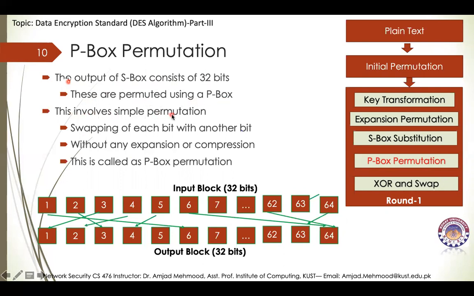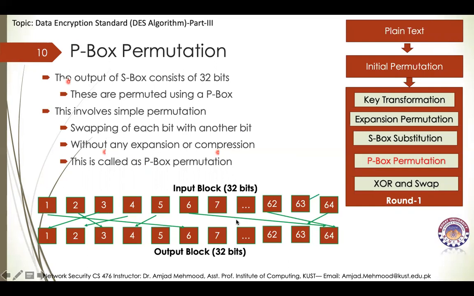This involves simple permutation, as the name suggests. This is jugglery of bit positions, like you can see here in the diagram. It involves swapping of each bit with another bit without any expansion or compression. This is called P-box permutation.